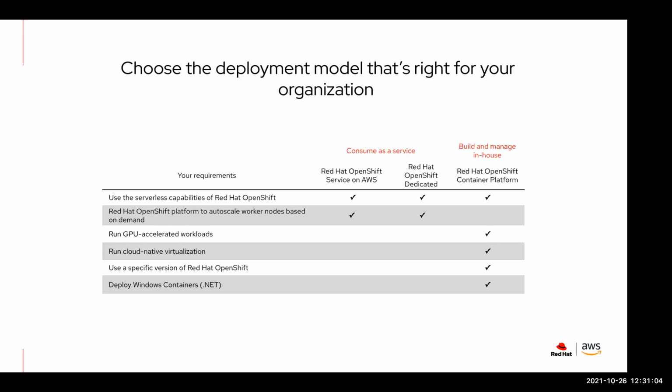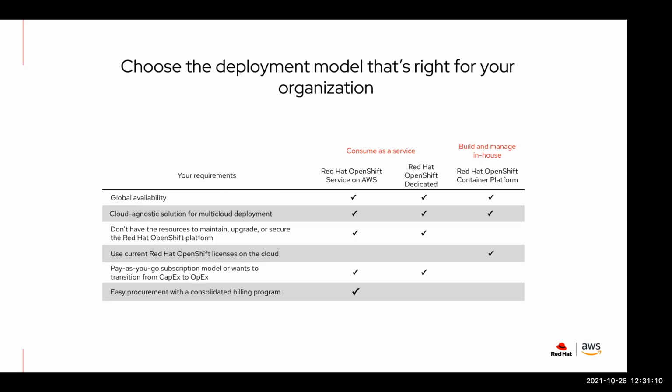But as you start to look at, I think I skipped a slide here. There we go. As you start to look at having a need for global availability or easy procurement with a consolidated billing program, especially if you have a favorable relationship with AWS and you want to be able to manage your platform the same way you're managing all of these other services, which is to say, you don't want to manage these different services.